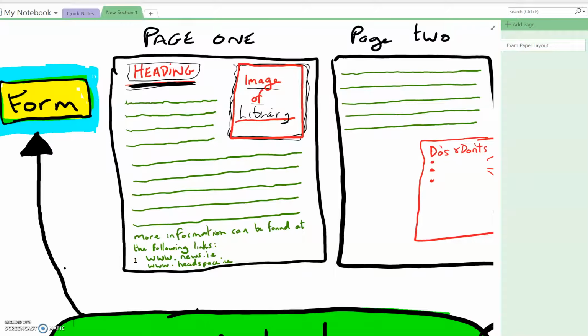So lots of articles would put in images to keep the reader engaged or to help their understanding of what you've written. Now, this is not an art exam, it's an English exam, so they don't expect you to actually draw an image of anything. But you could put in a little box and just write in image of library placed here. Now, that's not to say that you use this box as a filler to take up loads of space on your page so that you don't have to write much text.